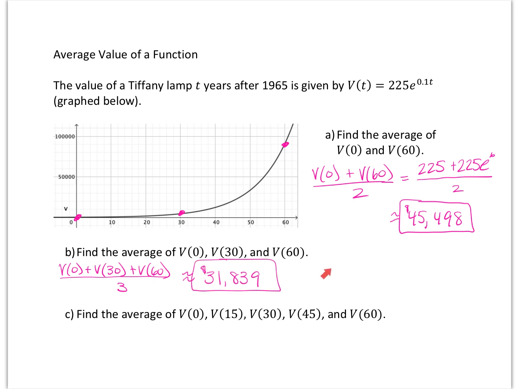The fact that this is lower is because there are two points that are pretty low and only one point that has a very high value.